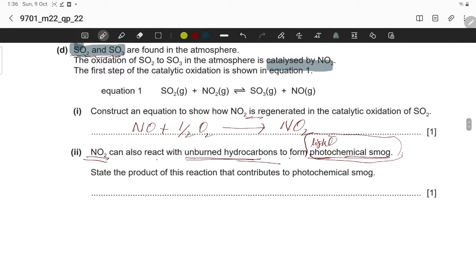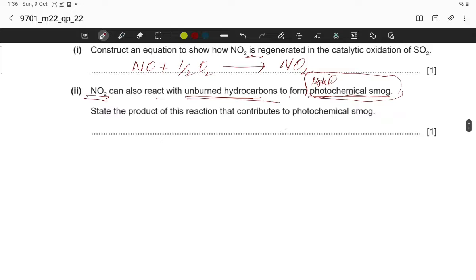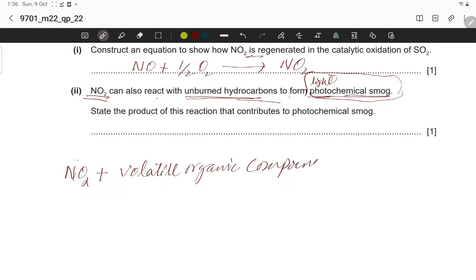State the product of this reaction that contributes to photochemical smog. You know, nitrogen dioxide reacts with volatile organic compounds, which are unburnt hydrocarbons.